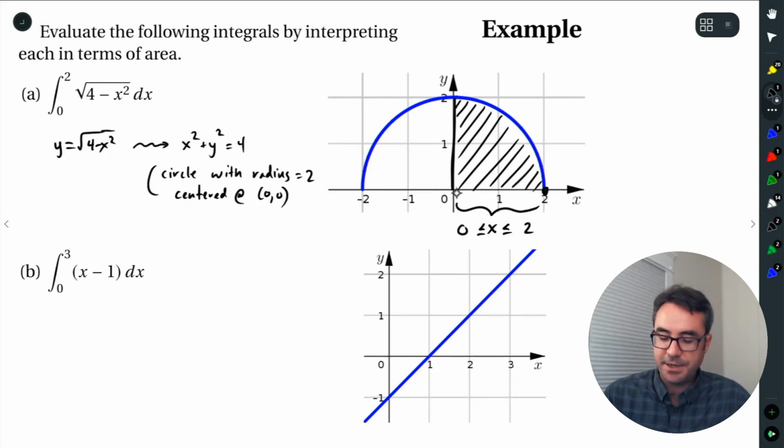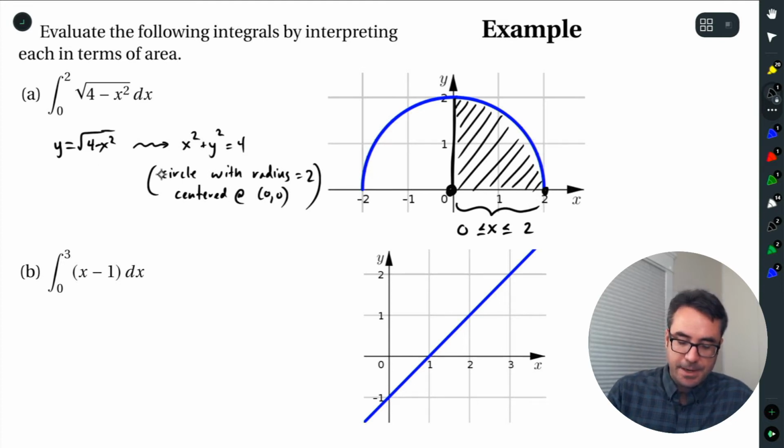So you can see we have our center point here, and it's only the top half of the circle, and it's a circle of radius 2. If you count from this point to this point, what's the distance between those 2 points? Well, it's 2 units. So this equation in general is just a circle with radius 2 centered at the origin, and the fact that we're using the positive square root here means it's the top half.